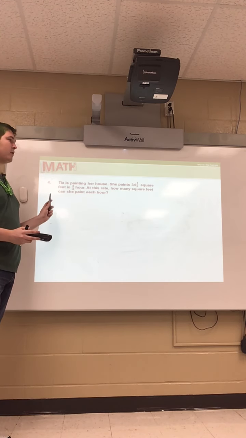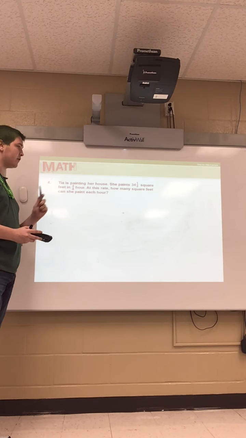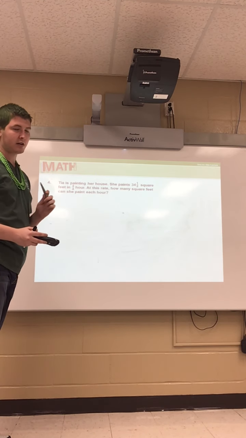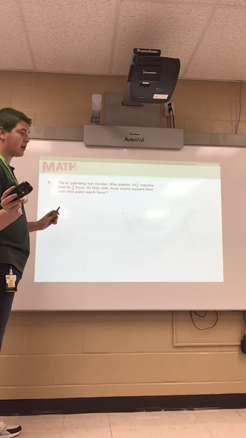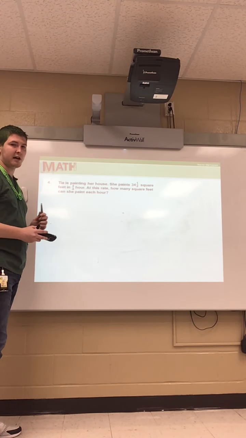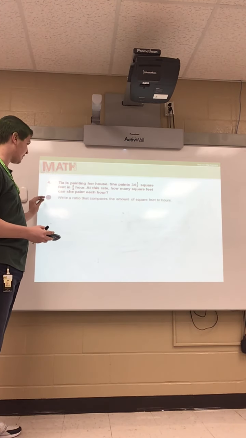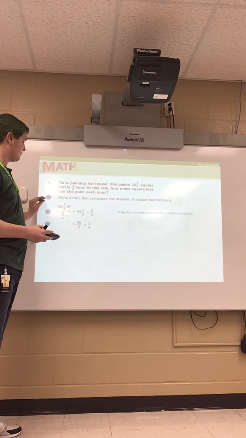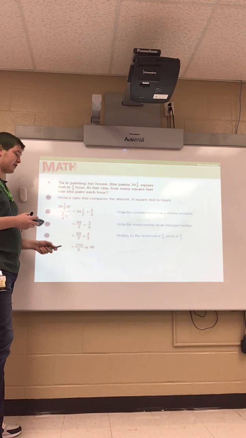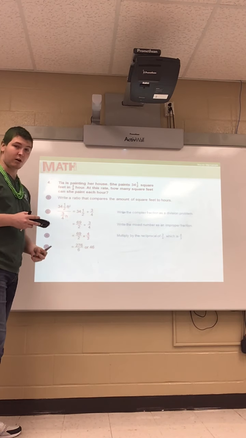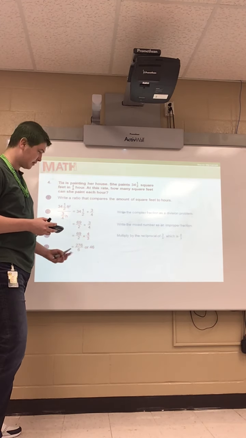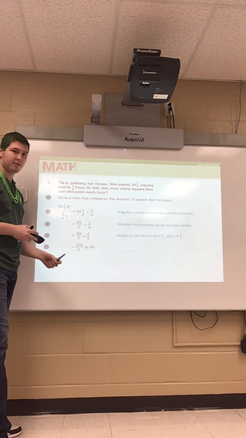So you'll take 34.5 and divide by 3/4. Try that on your own and push pause, push play when you have everything done, and you should get 276/6, or if you choose to just divide it, you should just get 46.